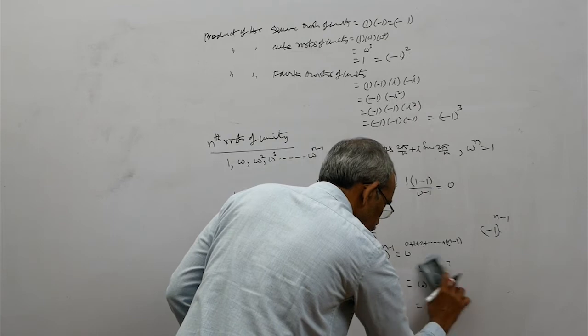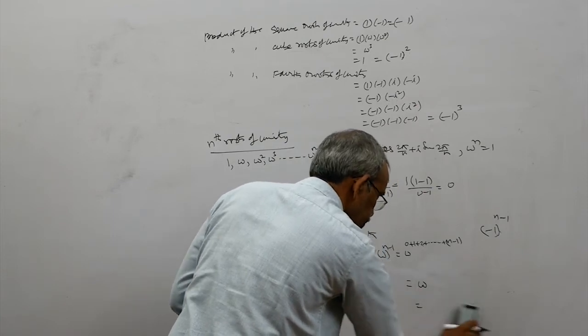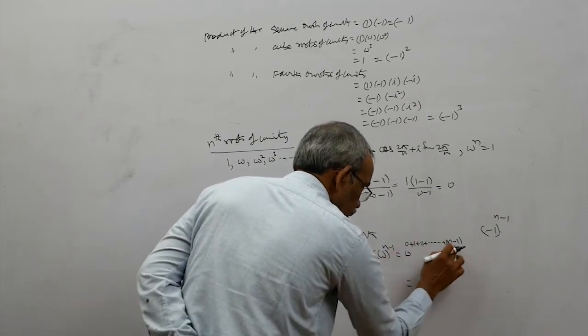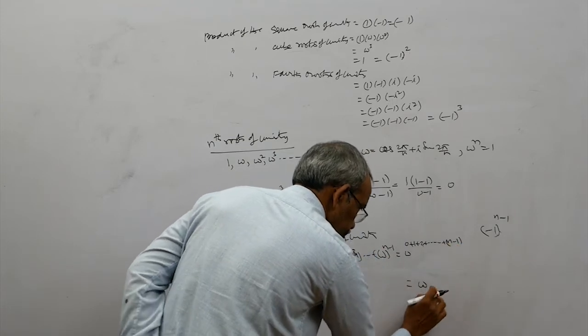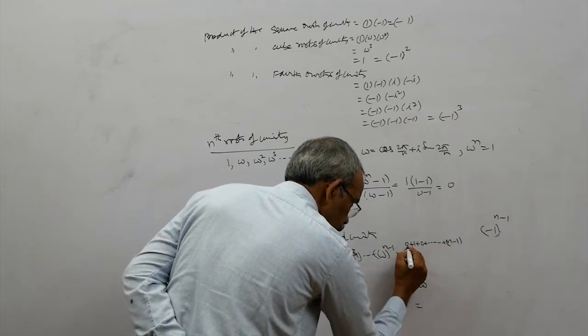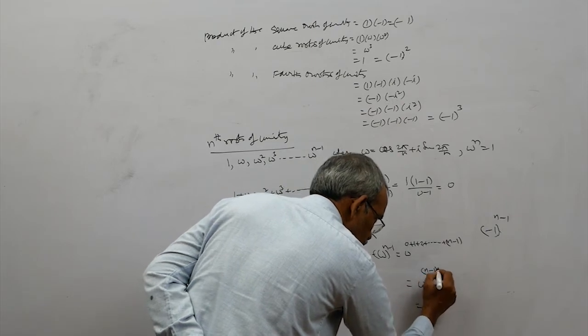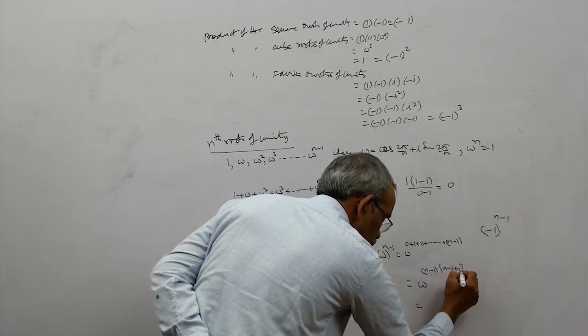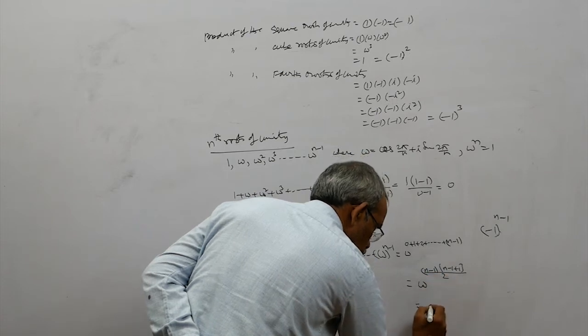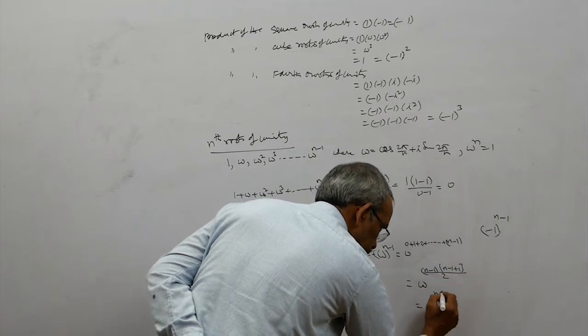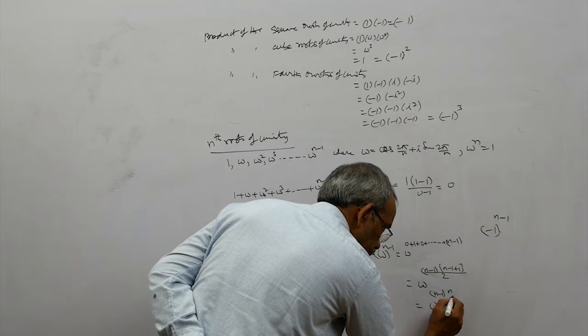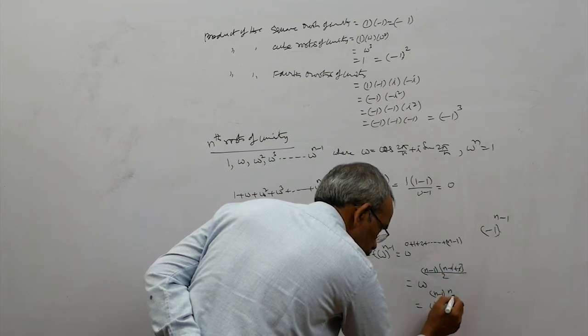Here n means 0 to n minus 1. First term, second term, third term, this is the nth term. The nth term is n minus 1, so n minus 1 plus 1 by 2, which cancels to n by 2.